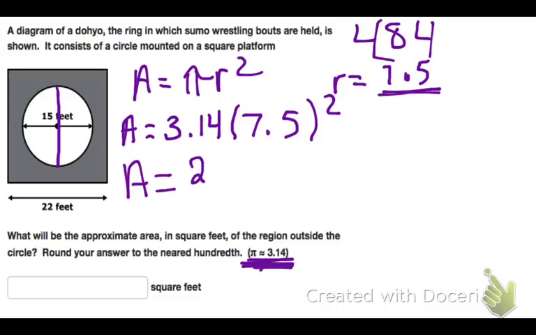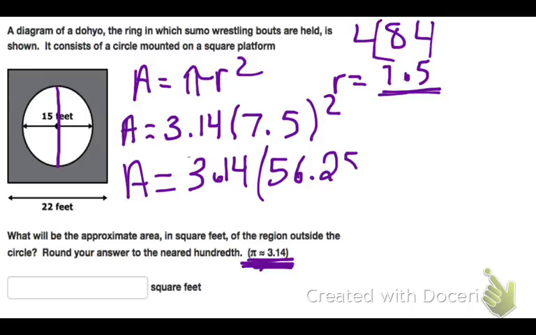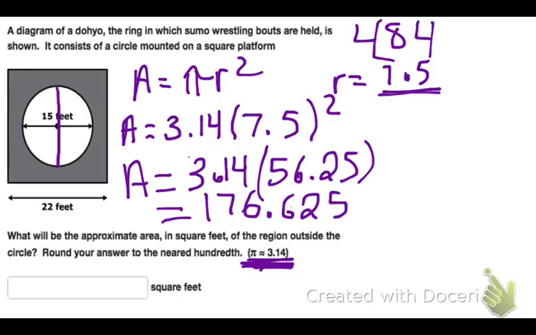So I'd say 3.14 times 56.25, and that's going to equal 176.625. And I'm not going to round yet because I'm going to wait until the very end to round.